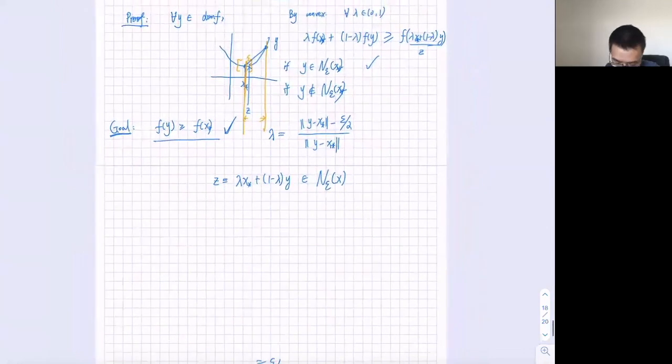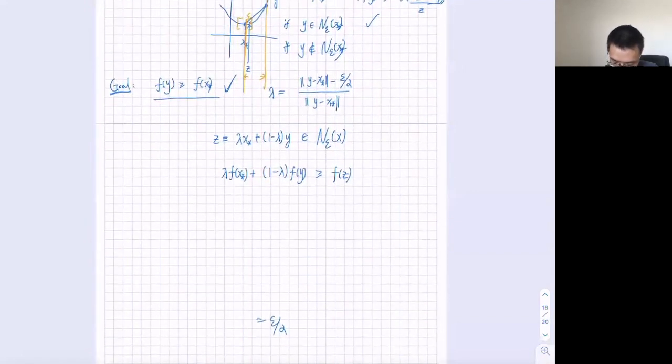Then what do I have? I would have lambda f of x star plus 1 minus lambda f of y is greater than or equal to f of z. So f of y is greater than or equal to f of z minus lambda f of x star, divided by 1 minus lambda, because 1 minus lambda is also in 0 and 1, so you can just divide without changing the inequality sign.